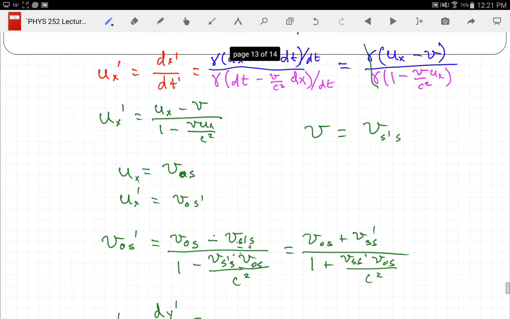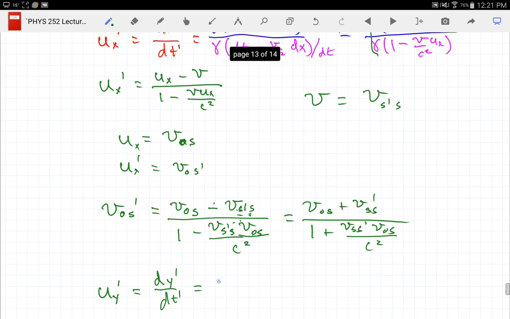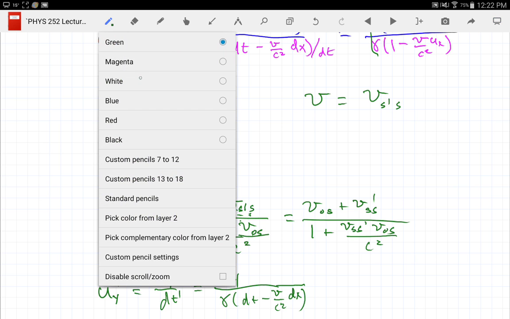So dy prime is equal to dy. dt prime we already did, so I'm just going to copy it again: gamma times dt minus v over c squared dx. What did we do the previous time to finish it out? Divide top and bottom by dt.